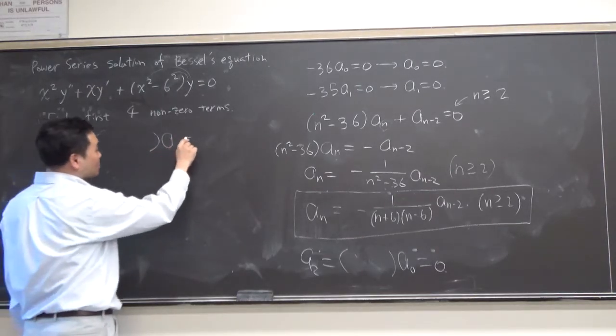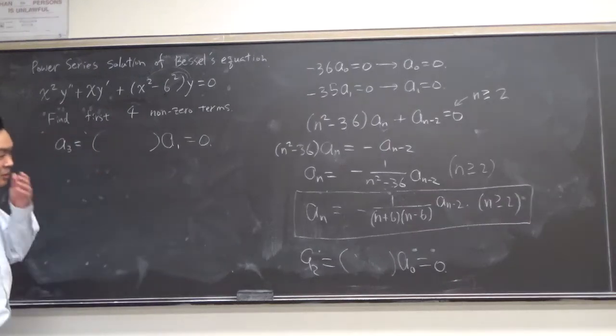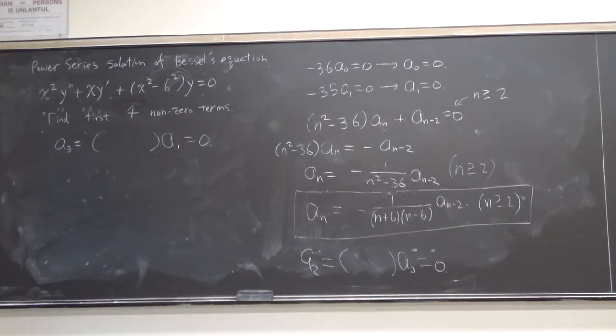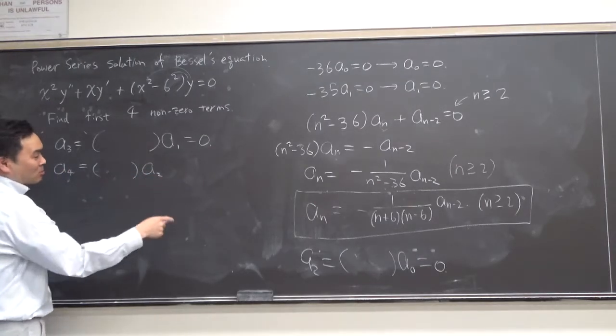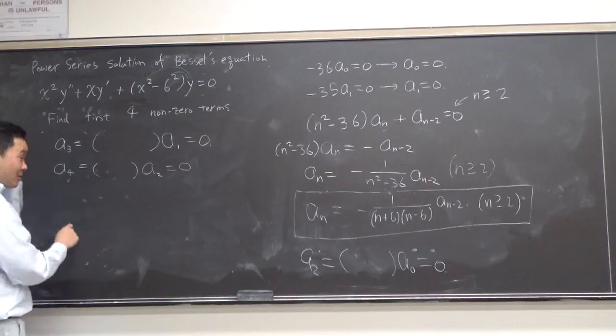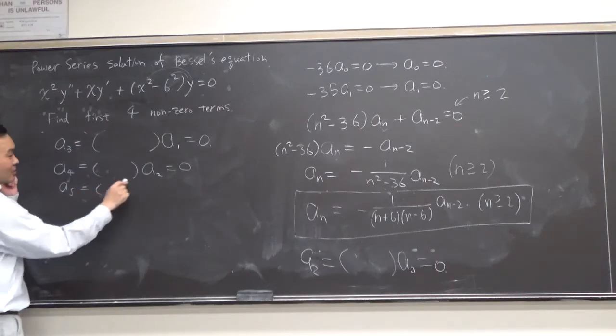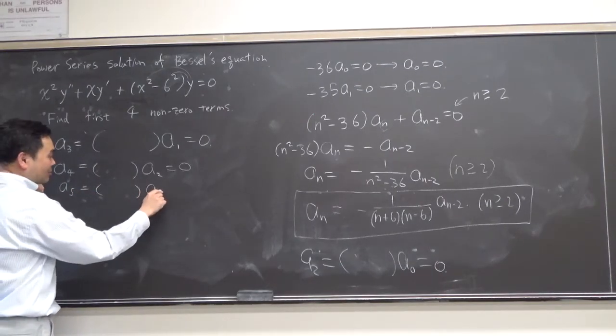So it's again 0. Okay. Now, when's the first time you can't say that it's 0? a4 will be something times a2, and because a2 is 0, it's going to be 0 again. a5 will be... Okay, what about a6?